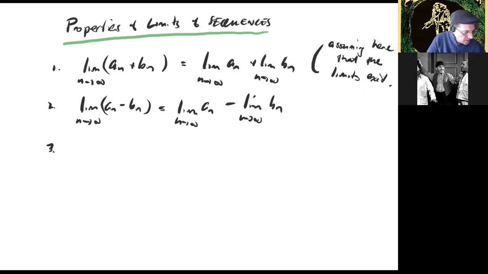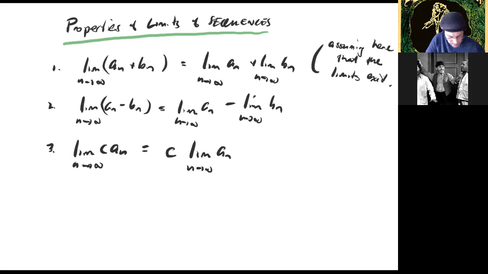Third property is that if we take a constant and multiply it by a sequence to get a new sequence, the limit as n goes to infinity of a constant times a sub n, you can bring the constant through the limit sign, assuming, again, the limit exists. Quotients behave similarly. If you have two sequences, you could take the quotient a sub n over b sub n as n goes to infinity. And for this to make sense, the b sub n's can never be 0, of course, because fractions over 0 don't exist.